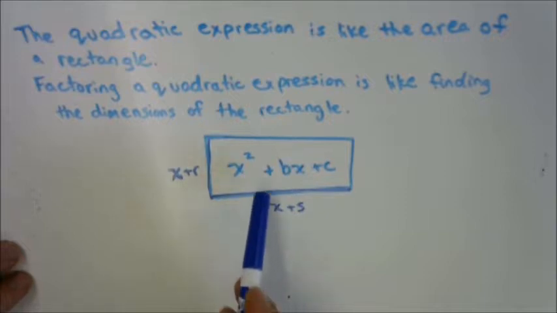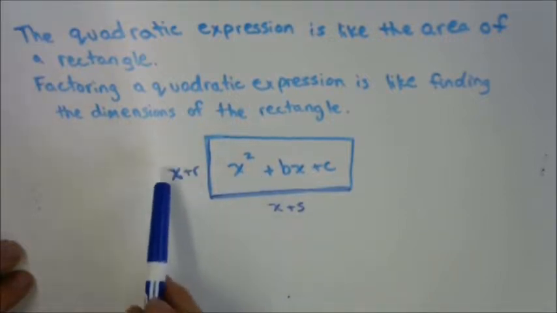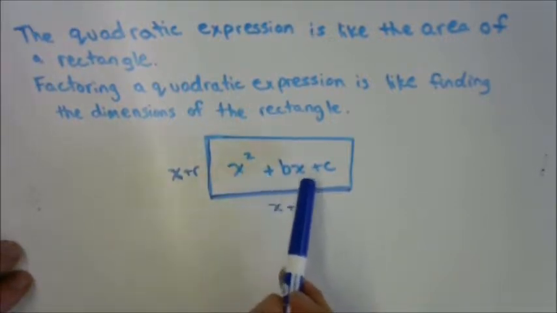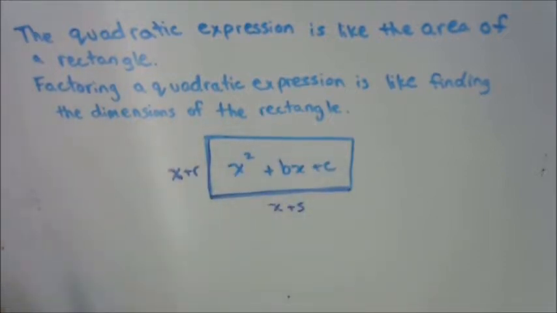Because length times width equals area, right? So one factor times another factor equals the quadratic expression. And that's what we just kind of looked at with algebra tiles and the grid.